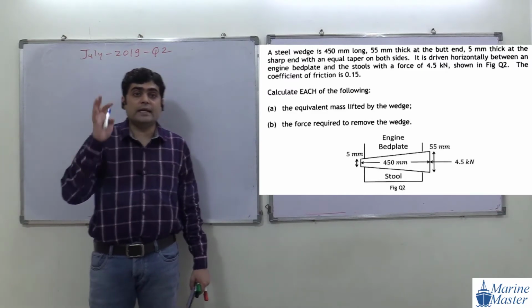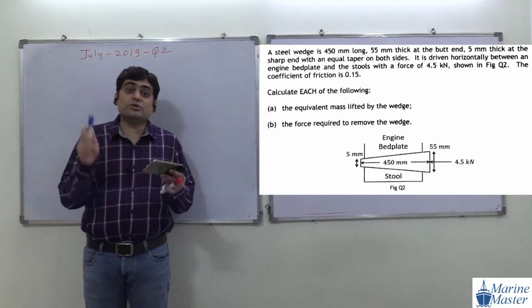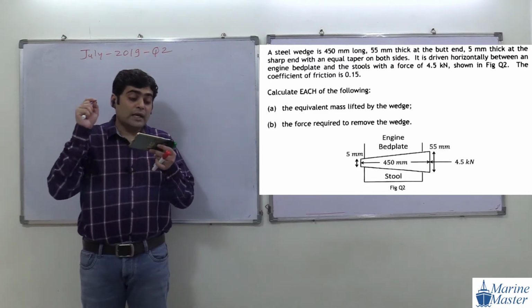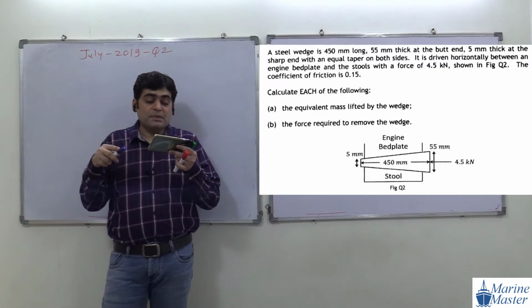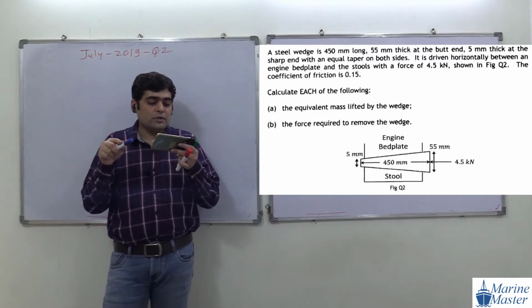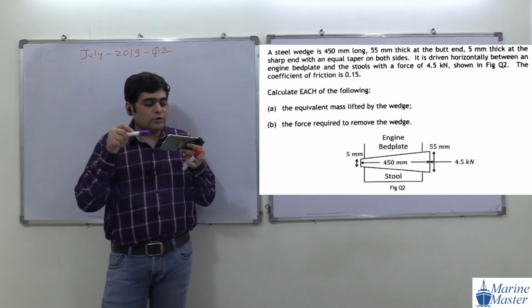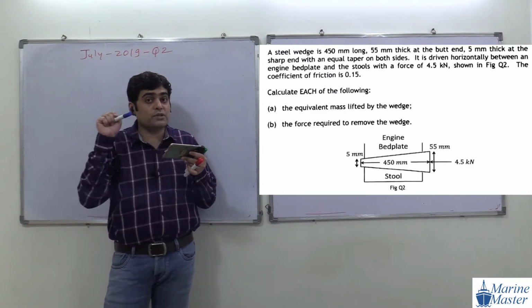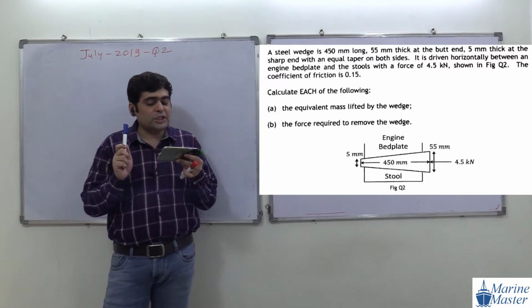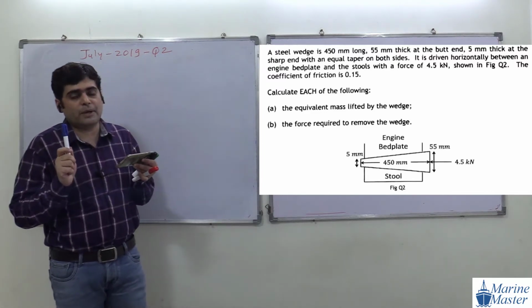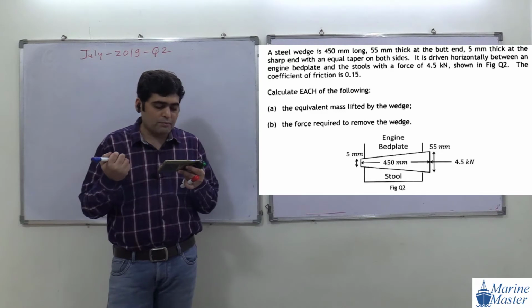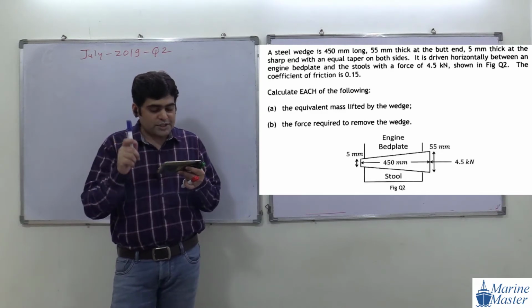But here in this question, they have given us the force in, 4.5 kilonewton, to drive the wedge into the bed plate. The coefficient of friction is 0.15. Coefficient of friction is mu. Try to see the scenario here.